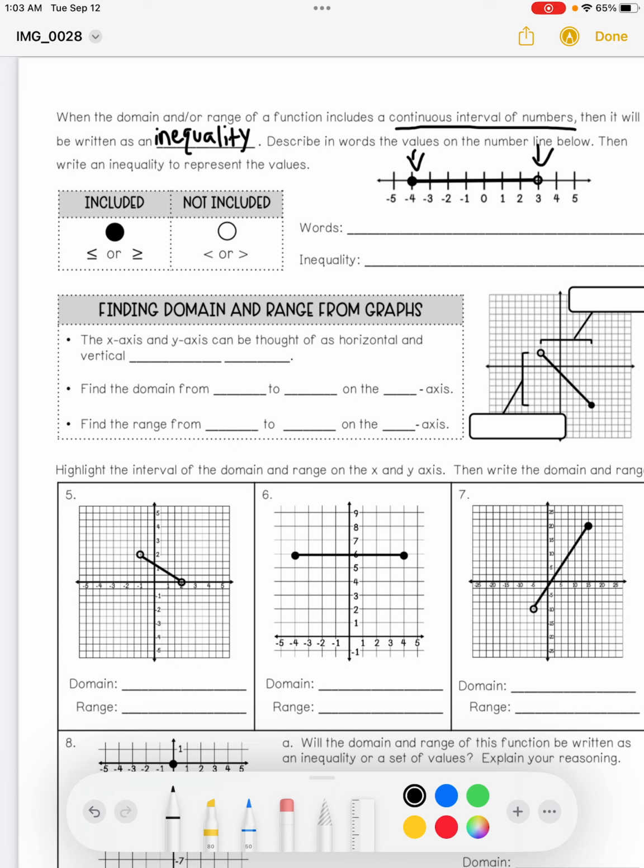So because this -4 has a filled in point, that means we can equal -4. We do actually touch the -4 on our number line. But the one at 3 is open, right? It's not completely filled in, which means that we don't quite get to 3. We get really close to 3, but we never actually touch it. So we are not equal.